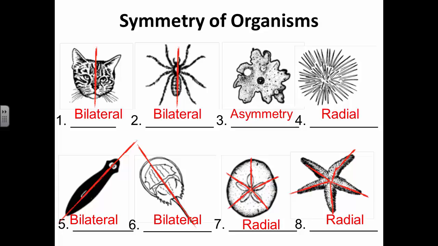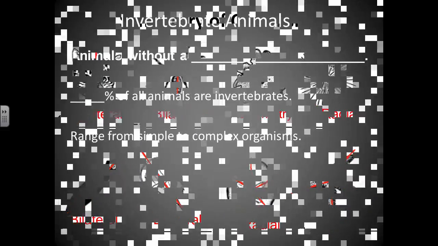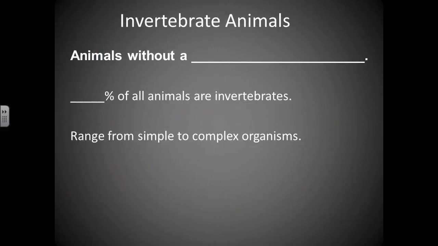And so as we talk about our different groups of invertebrates, we'll mention what type of symmetry they typically have. If I were to ask you to think of an animal, most likely you're thinking of a vertebrate, right? A mammal, a reptile, a bird.